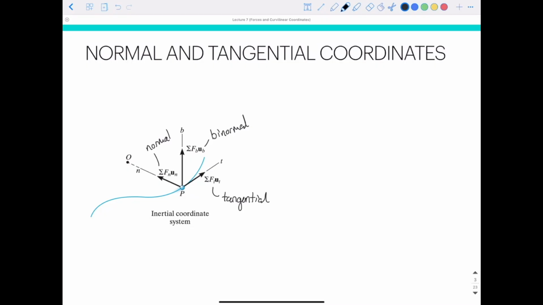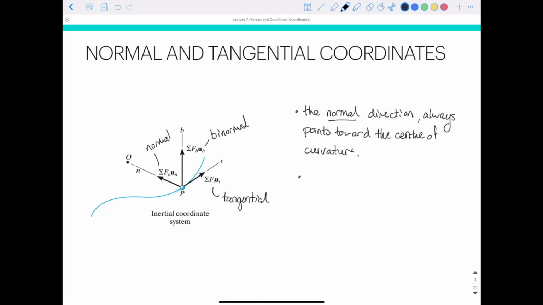We can apply those to the exact same equations of motion in Newton's second law that we always had before. Again, just to reiterate, the normal direction always points towards the center of curvature. Likewise, the tangential direction is always tangent to the path and positive in the direction of motion.